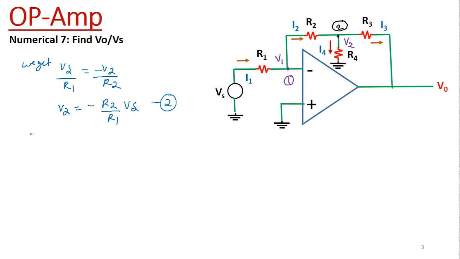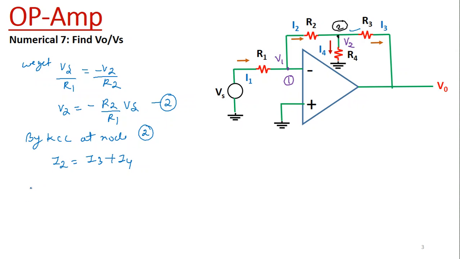Now we apply KCL at node 2. This one is node 2. By KCL at node 2 we get I2 is equal to I3 plus I4. Again we find the I2, I3 and I4 values from the circuit diagram.